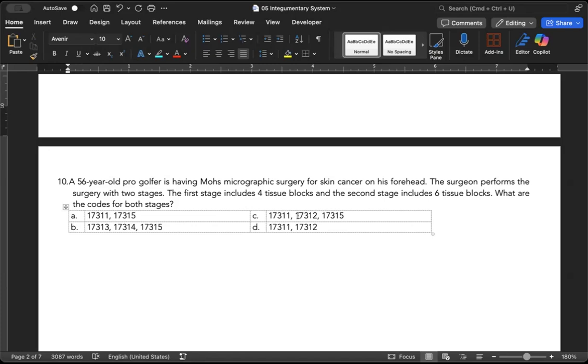And then the 17311 is the first stage up to 5 tissue blocks. So our first stage, we have 4 tissue blocks. So we know we need the 17311. And then the 17312 is our second stage up to 5 tissue blocks. So we did have a second stage, and it includes 6 tissue blocks. So we know we need the 17312, right?